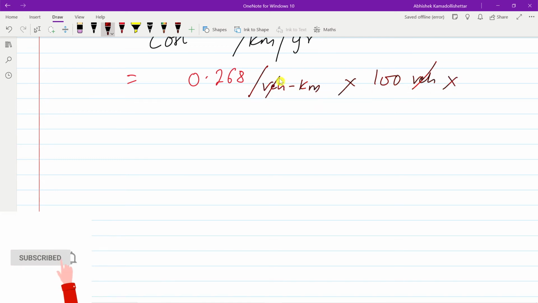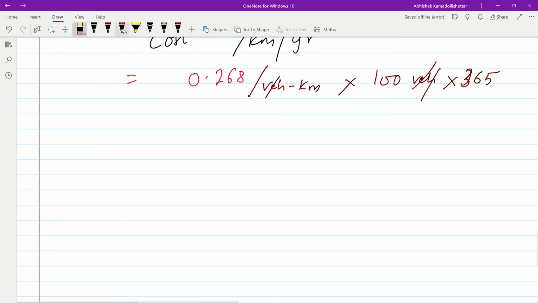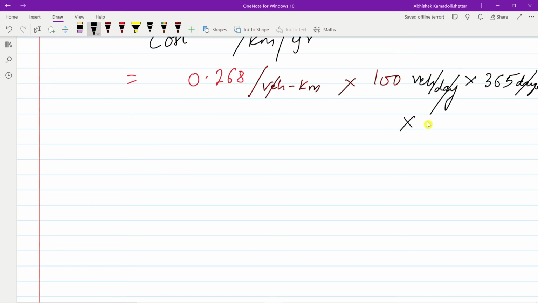Now how many days? 365 days will be there for a year, so days cancel out and we are left with vehicles.